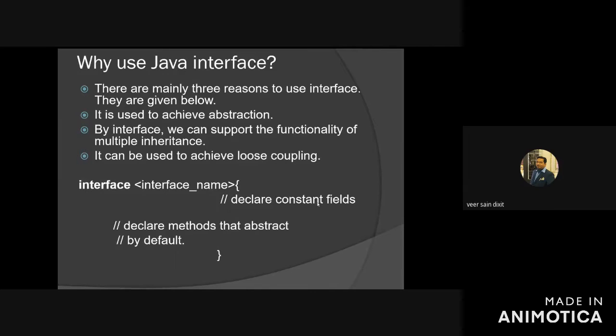In non-object-oriented programming languages, cohesion is very low, which is a bad idea for any programming language, and coupling is very high. But in all object-oriented programming languages like C++, Java, Python, cohesion is always very high and coupling is low. So it can be used to achieve loose coupling.